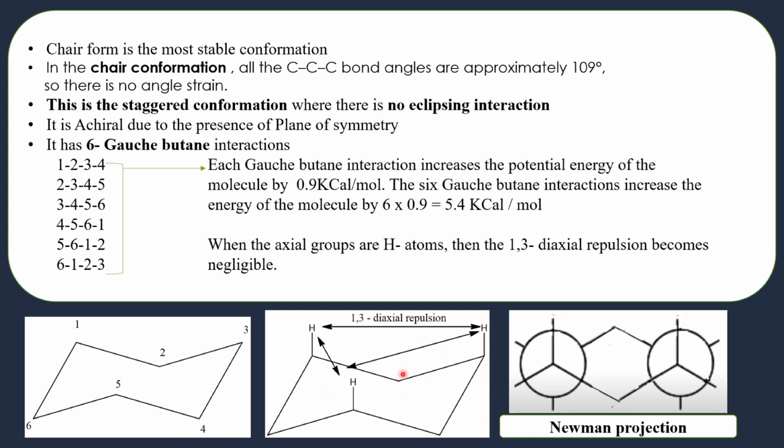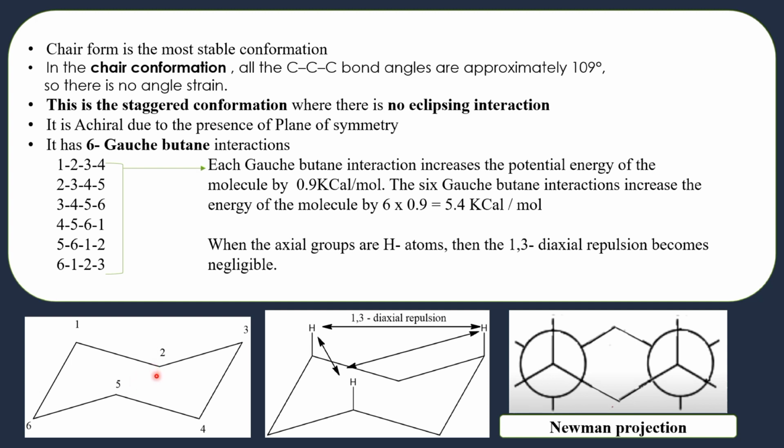And this chair form of cyclohexane is achiral, since there is a plane of symmetry present in this molecule. A plane connecting 1,4 is the plane of symmetry, which can divide the molecule into two equal halves. So this chair form of cyclohexane is achiral.